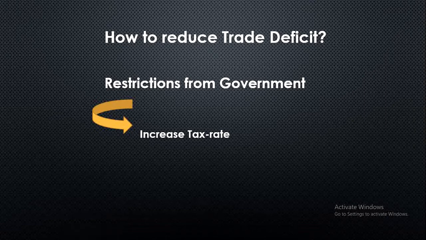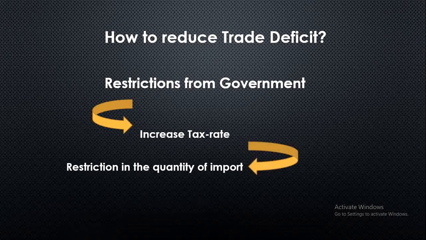The other thing that the government can do is restrict the quantity of import. For example, if the government says that not more than 100 tons of sugar can be imported per month, that means there is a restriction on the quantity of importing sugar.